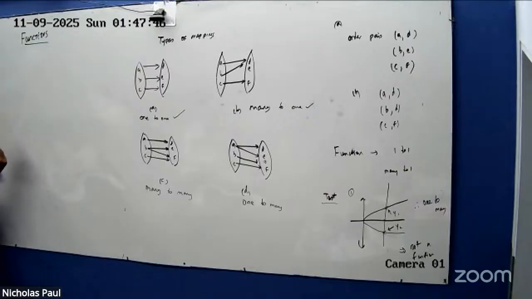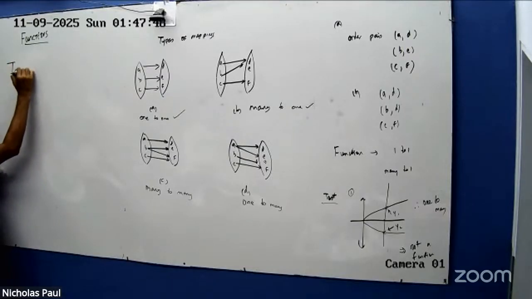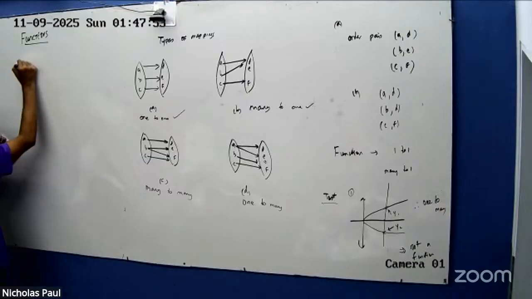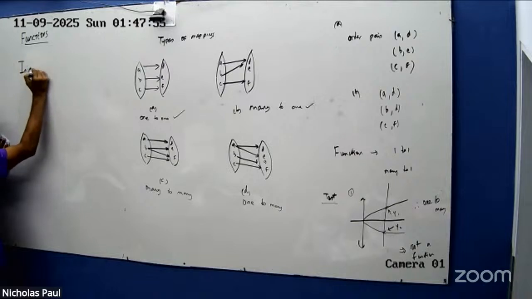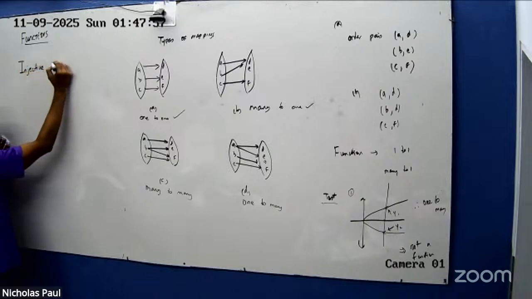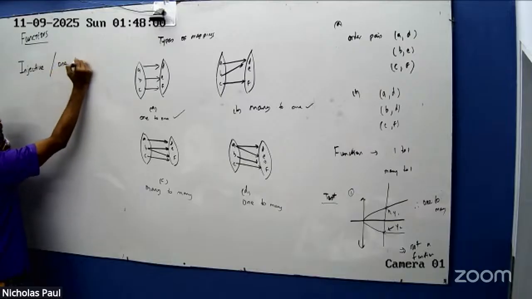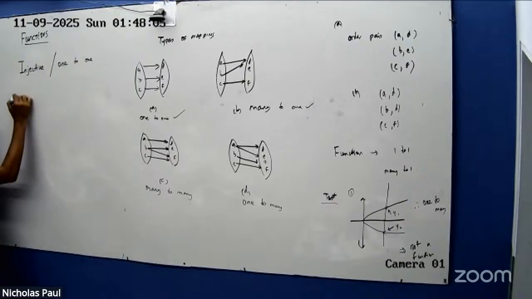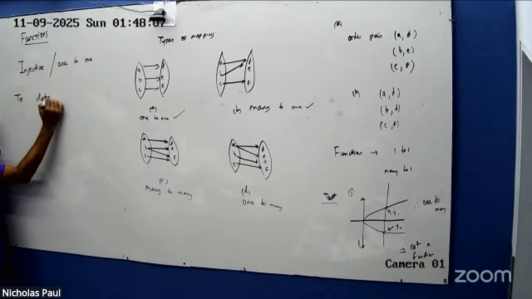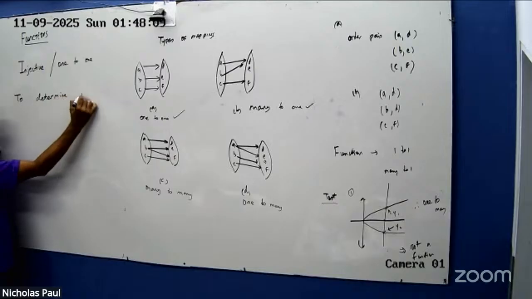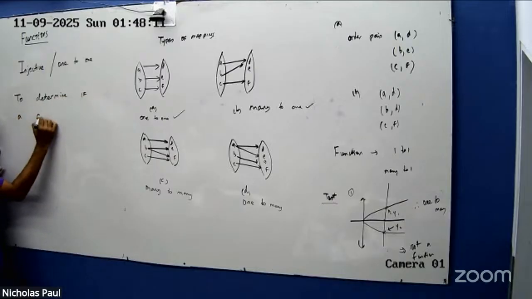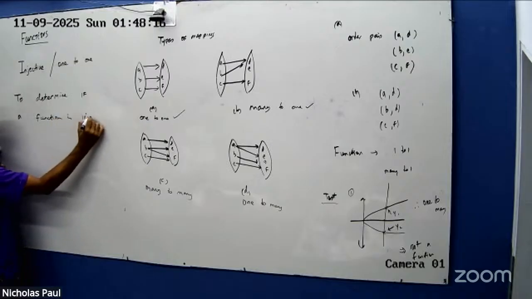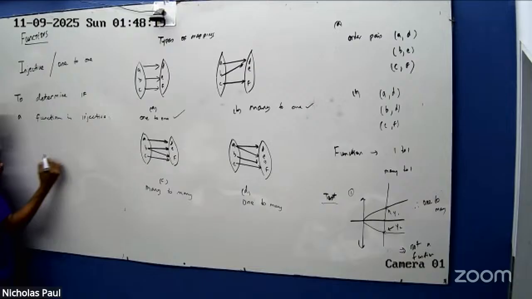Next subheading, injective, or we call this 1-to-1. How do we determine if a function is 1-to-1? To determine if a function is injective, here's what we do.